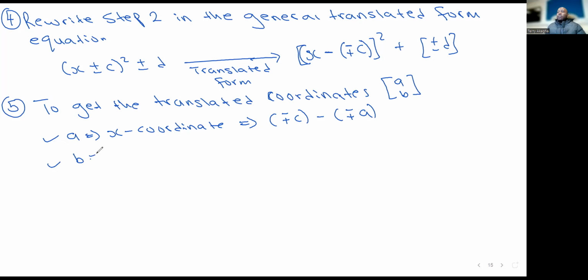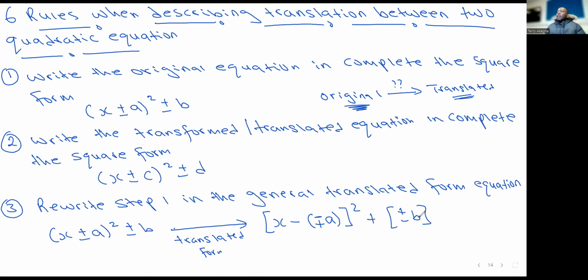And for the B, which is the Y coordinates, will be the answer you get here, which is plus or minus, any answer you get there, is it plus D, minus D, it does not matter, minus the answer you get here, which is going to be plus or minus what?